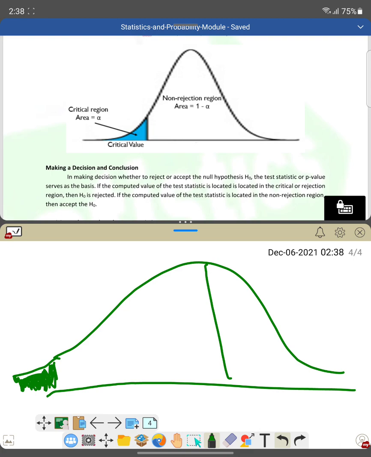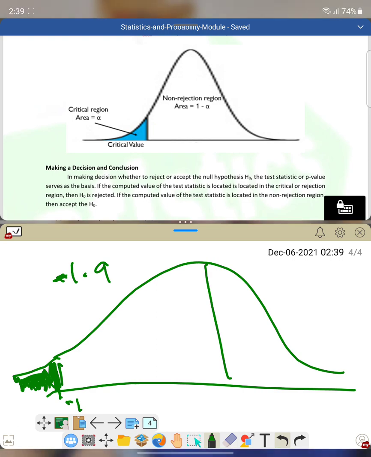Say the critical value that we have here is -1, and the computed value that we have is -1.9. Take note that -1.9 is located to the left of -1, which is determined by our critical value.